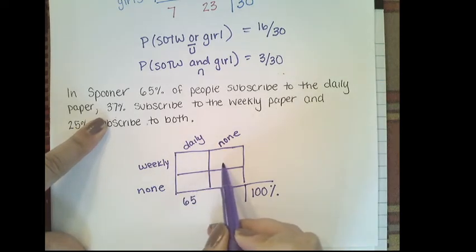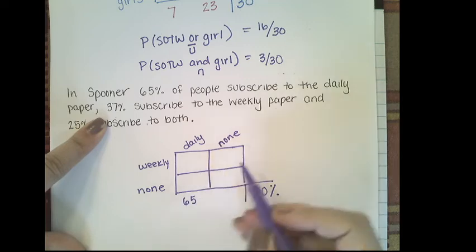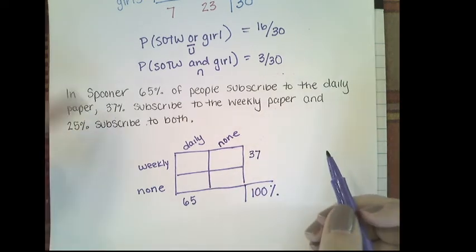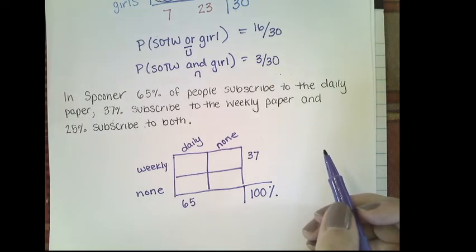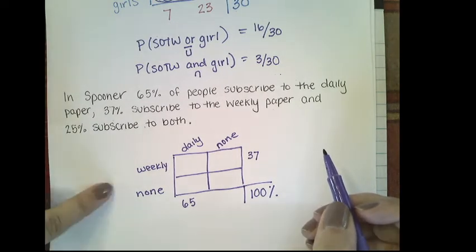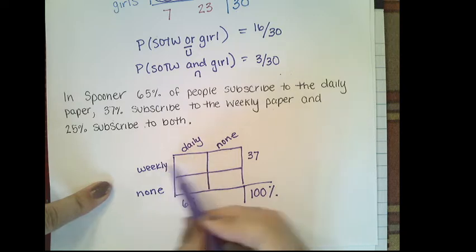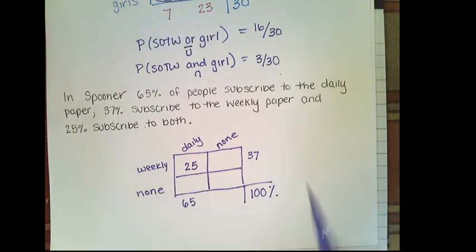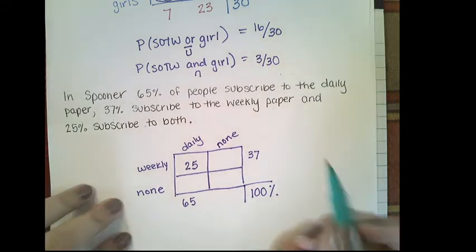Again, it doesn't specify whether they also get the daily or not, so that 37% is a total. And finally, 25% subscribe to both. So that means they get the daily and weekly. So that goes where our intersection is.